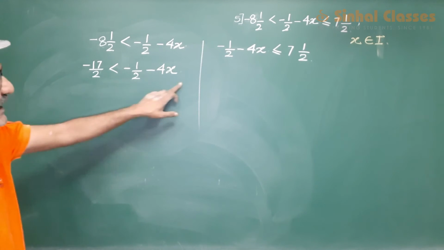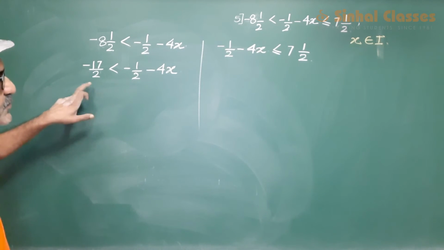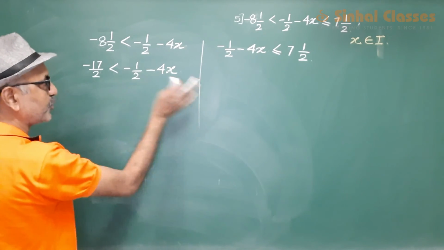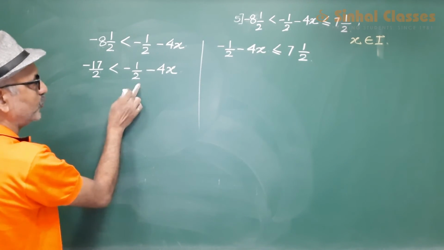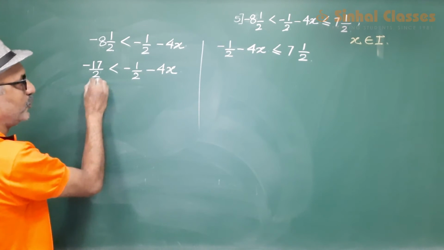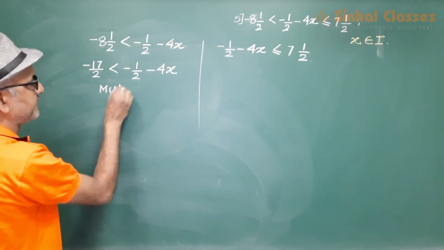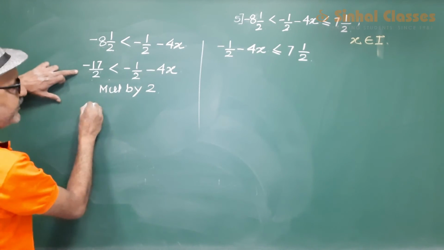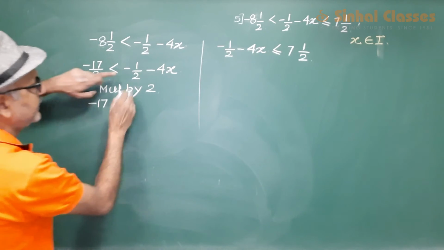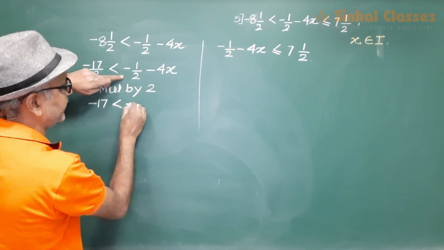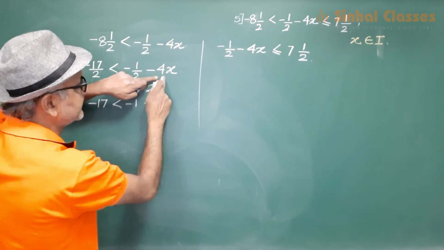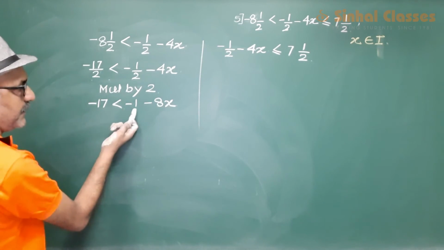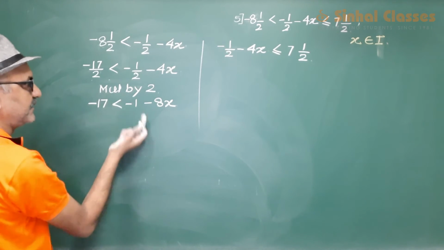Again, this inequation has a denominator. So in order to remove the denominators, what you will do is multiply throughout by the LCM 2. So when you multiply by 2, this multiplied by 2, 2 gets cancelled, you are left with minus 17. This multiplied by 2, 2 gets cancelled, you are left with minus 1. This multiplied by 2, you get minus 8x. Bring minus 1 on this side.